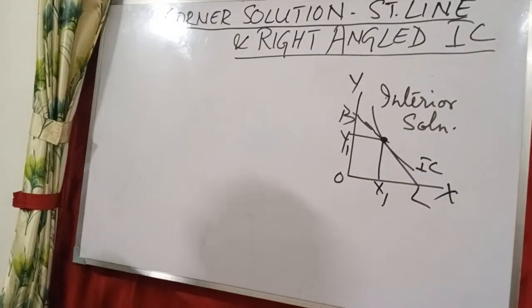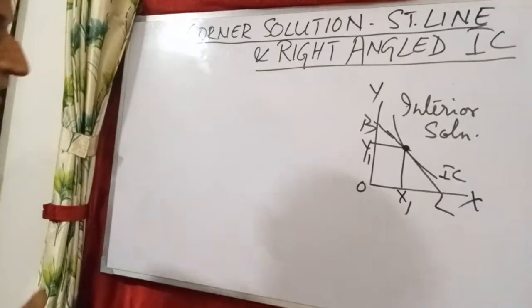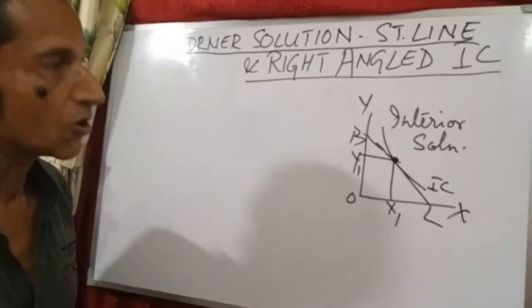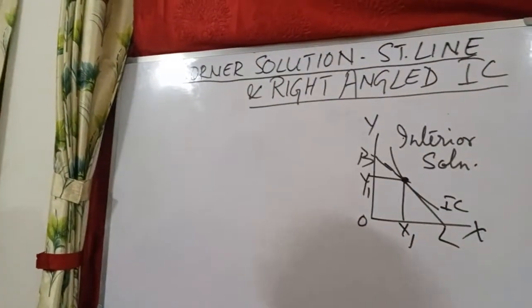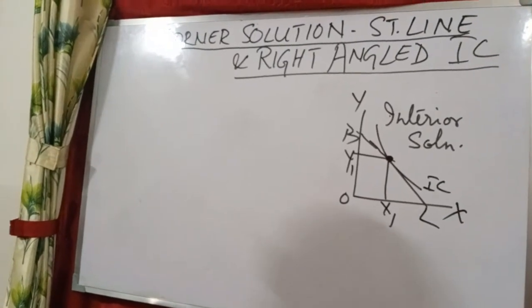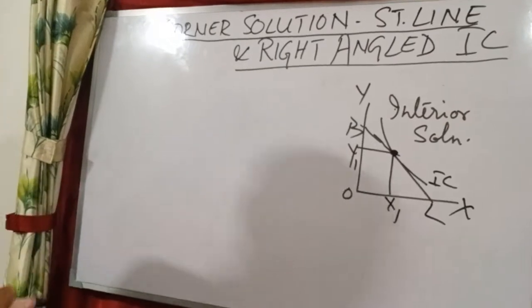But in corner solution, the equilibrium point is derived at the positive intercept of either the x axis or the y axis, and on which axis the equilibrium point will be arrived at depends upon the slope of the budget line.